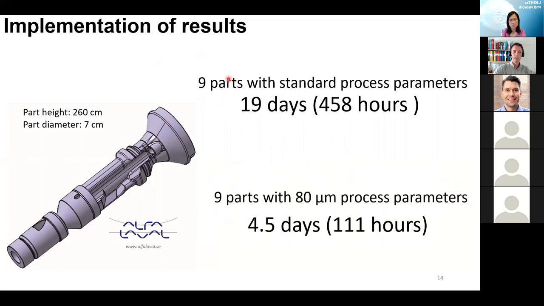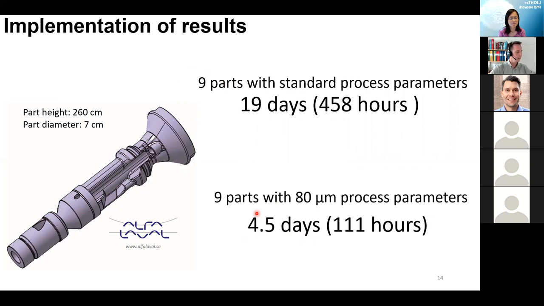I think Alfa Laval would like to produce this part in terms of hundreds of components per year. So we are still quite high in process time, but this is for one machine. If you would have 2 machines or 3 machines, then you can produce more samples.